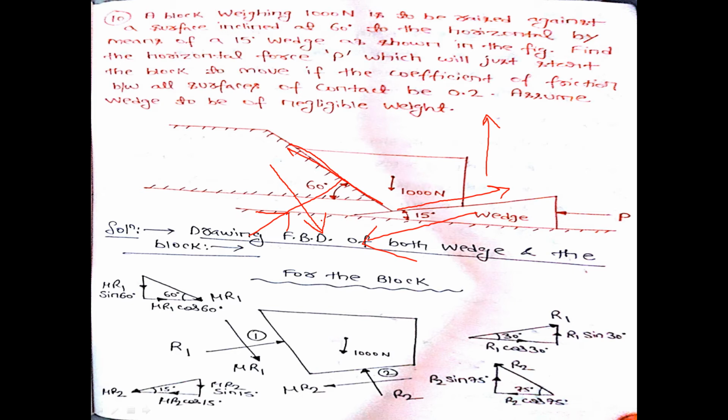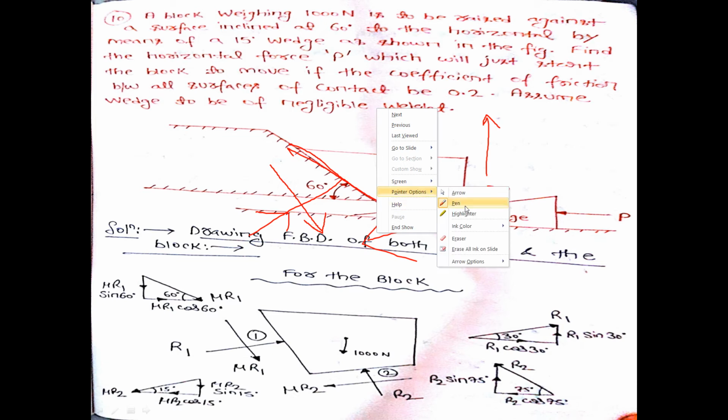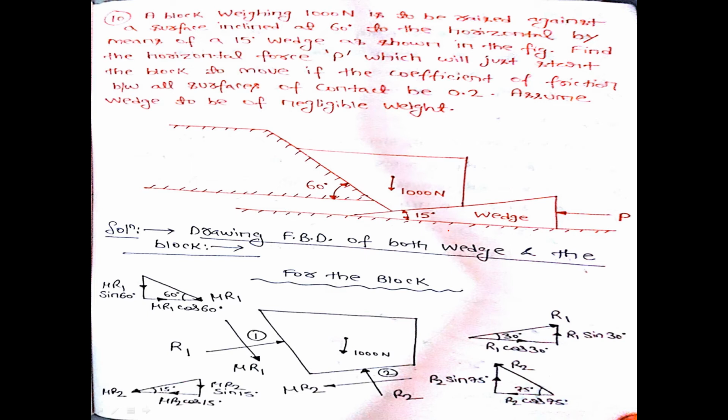So before writing down the equations of equilibrium, first let us resolve some forces which are not acting directly along x and y axis. Okay. So if I say this R2, this R2 is acting like this.